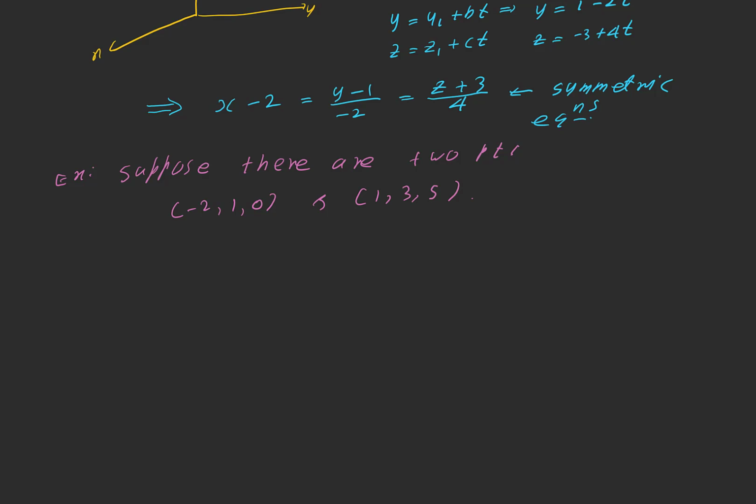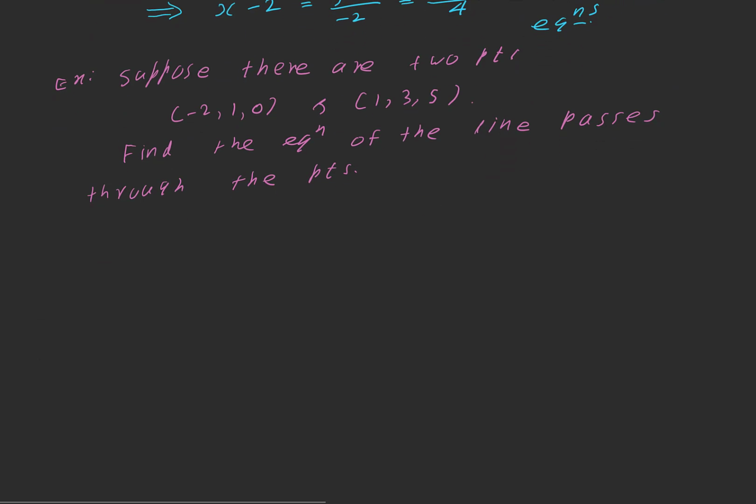Then find the equation of the line that passes through the points. How do we find the line that passes through these 2 points?